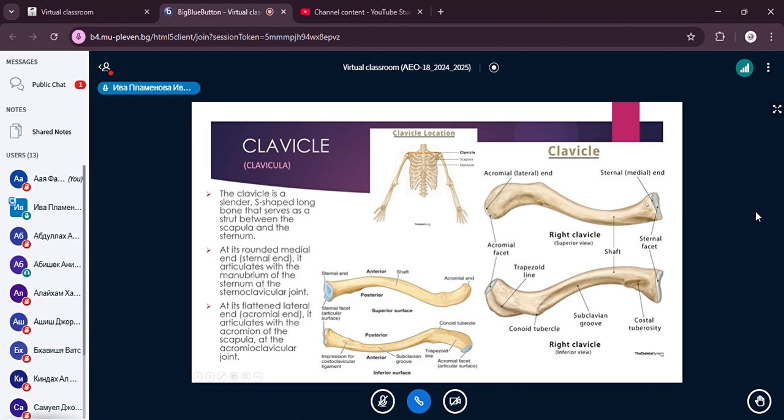So the medial end or sternal end is rounded. It articulates with the manubrium of the sternum and forms the sternoclavicular joint. Here you can see the sternal facet. That's the body, and that's the lateral end or acromial end, which is flattened and articulates with the acromion of the scapula and forms the acromioclavicular joint.